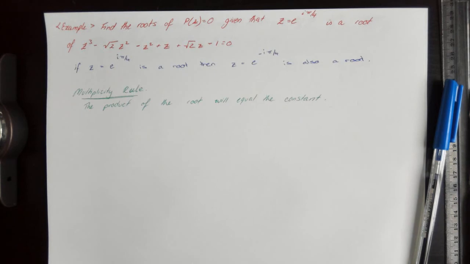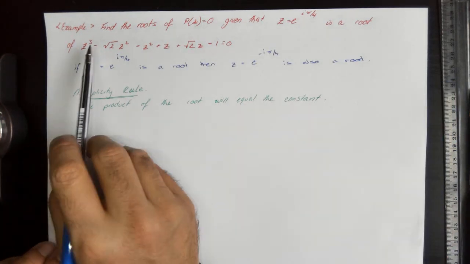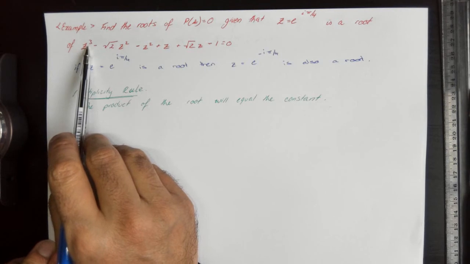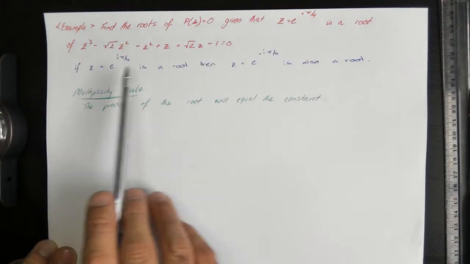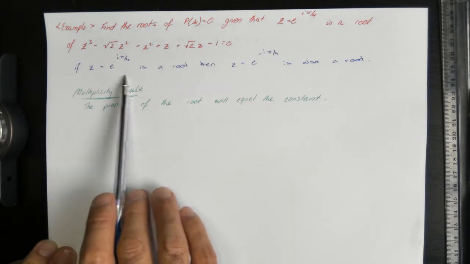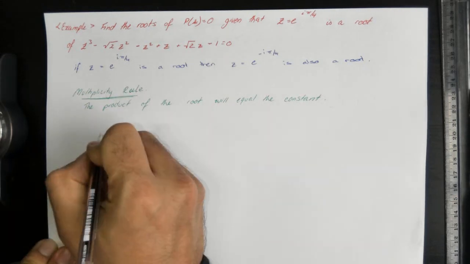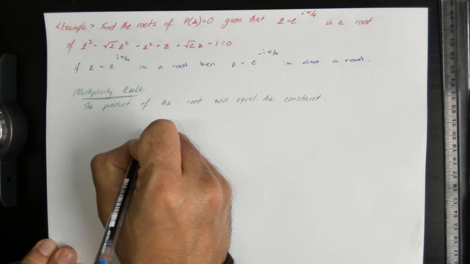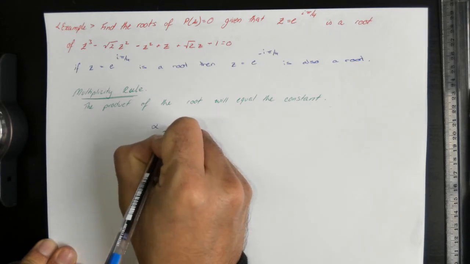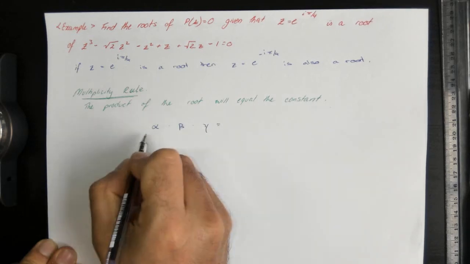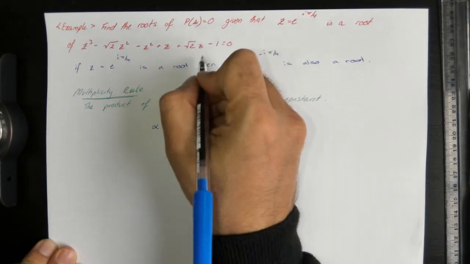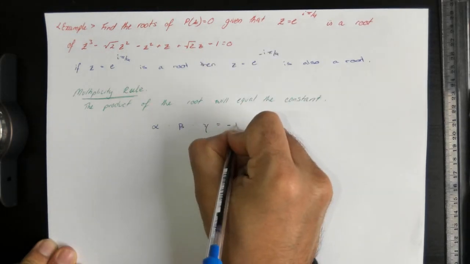Yep. So here in this question, I know it's a degree of 3, so I'm going to have at least one real root and complex conjugate pairs. Well, I've already got the complex conjugate pairs. So let's say the roots were alpha, beta, gamma. If I multiply them together, that has to give me negative 1.